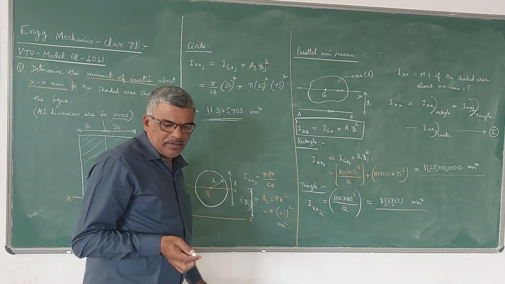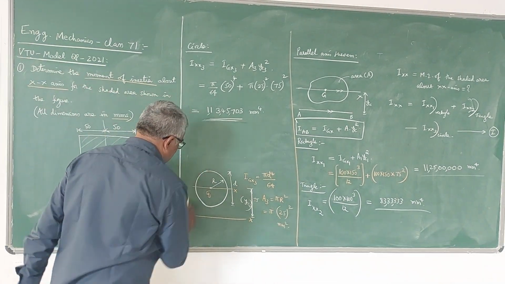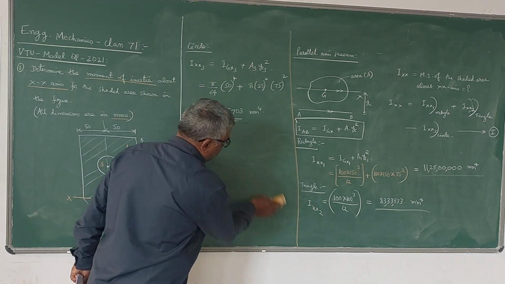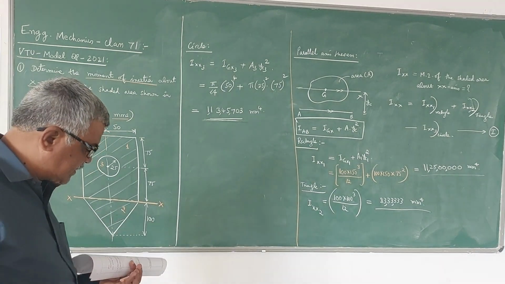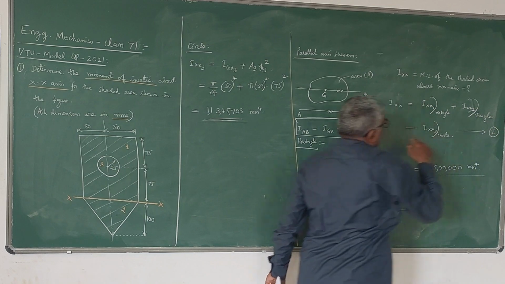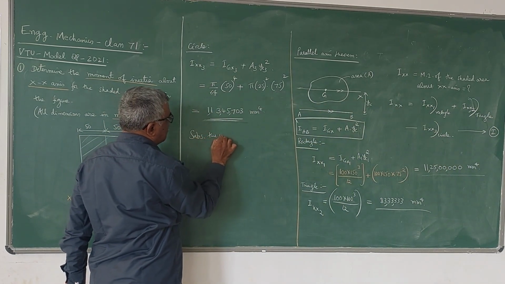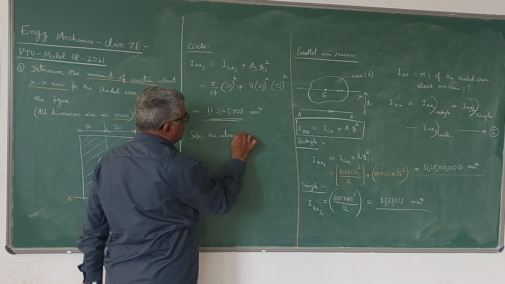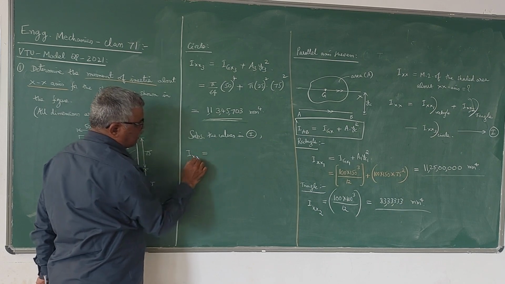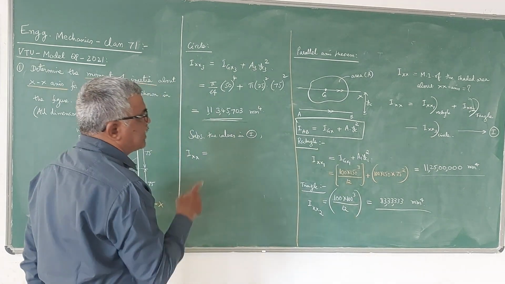Now if you want the answer for the moment of inertia of the composite section, Ixx is nothing but this one I have written here. You just substitute the values. You are going to get the value of Ixx, the moment of inertia of the composite section or the shaded area about the x-axis.